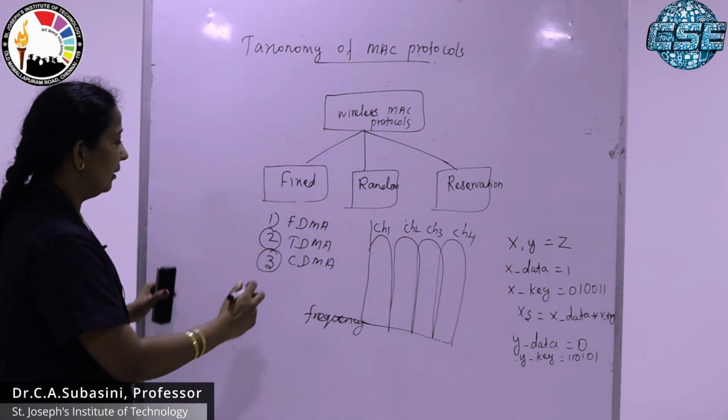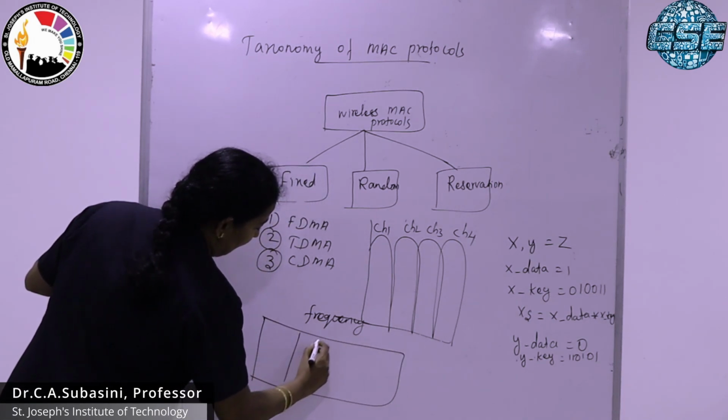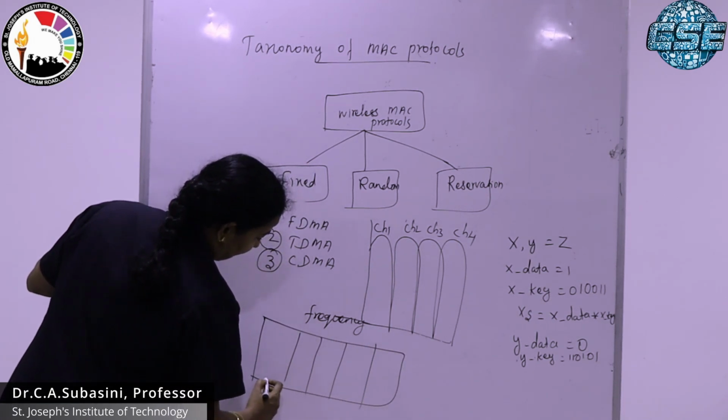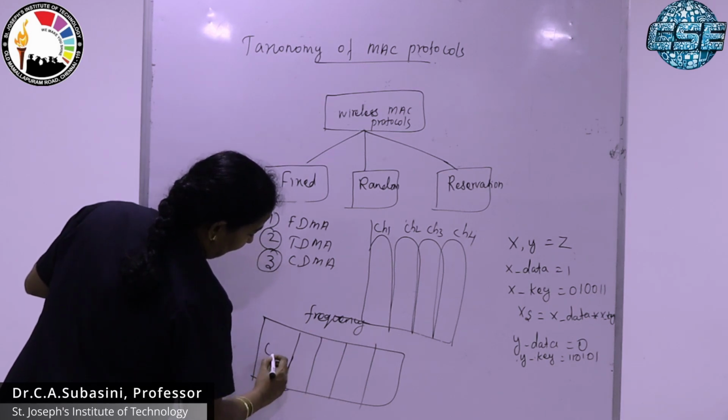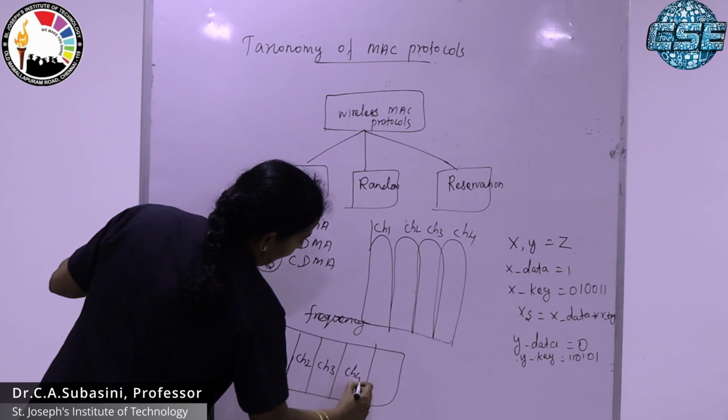Next we are using time division multiple access. In time division multiple access, different time slots will be assigned: first channel 1, channel 2, channel 3, channel 4 and channel 5.